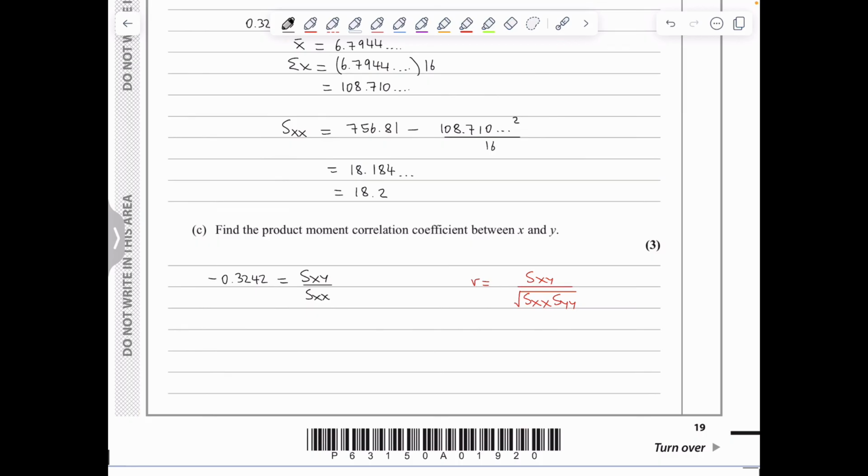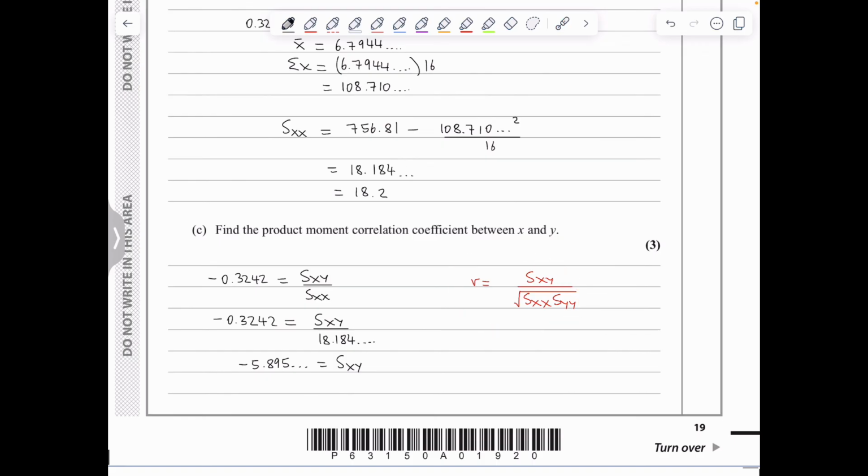We have found SXX just before in part B, so minus 0.3242 is SXY over the 18.184... I will cross multiply to get minus 5.895... is SXY, and I can go in the formula for the product moment correlation coefficient.